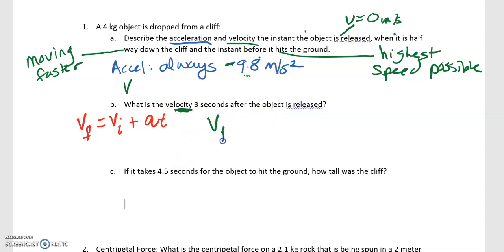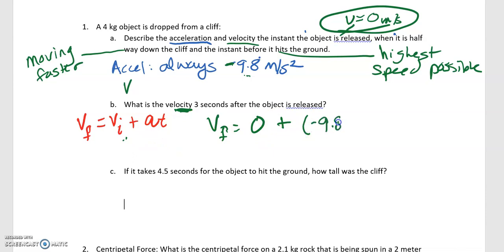So we have vf is equal to, well, our initial velocity is 0 because when we release it, we didn't throw it downwards, we just dropped it. So our starting velocity would be 0. Our acceleration would be negative 9.8 meters per second squared. And then our time is 3 seconds.